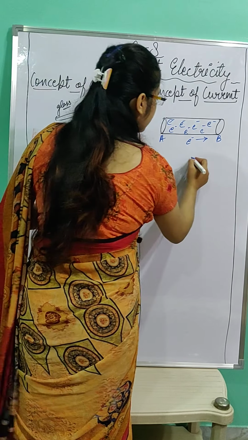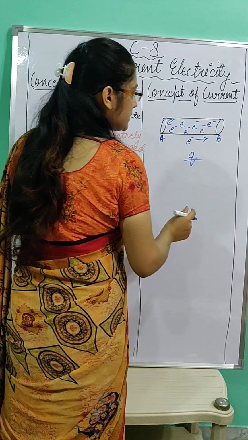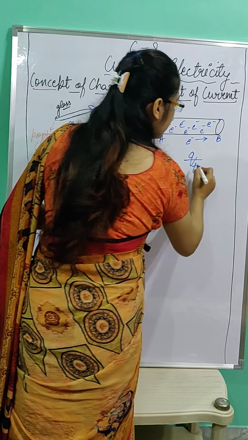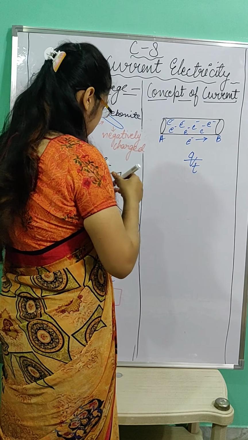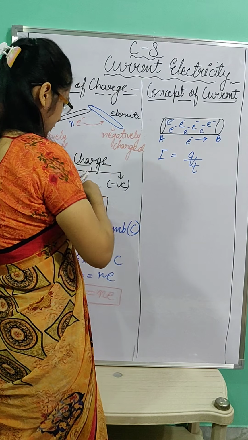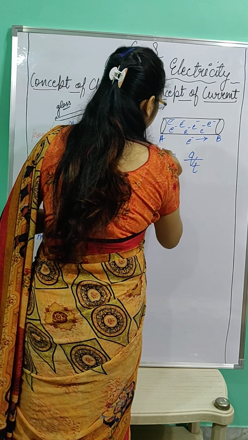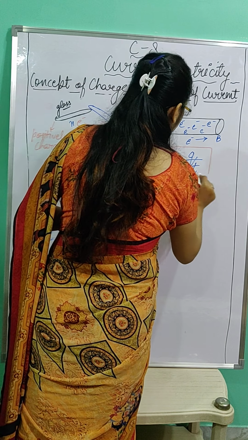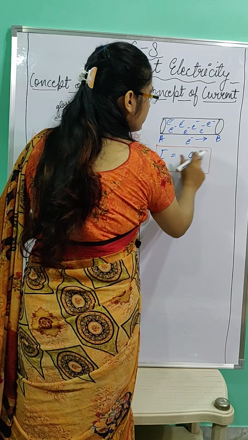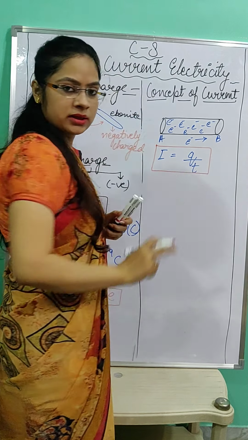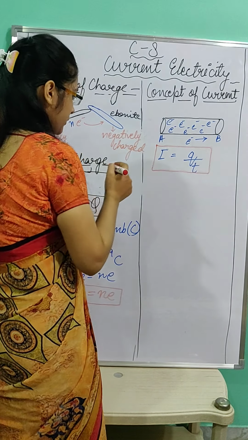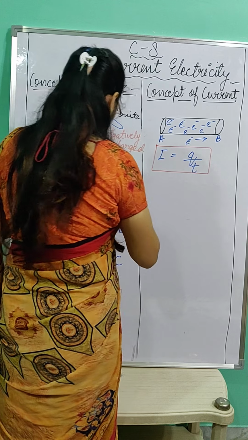The flow of electrons, or you can say the flow of charge from one place to another in a given interval of time, that constitutes the current. Okay. Now this formula is very important. The flow of charge, or you can say the amount of charge flowing per unit time, is called current in any conductor.